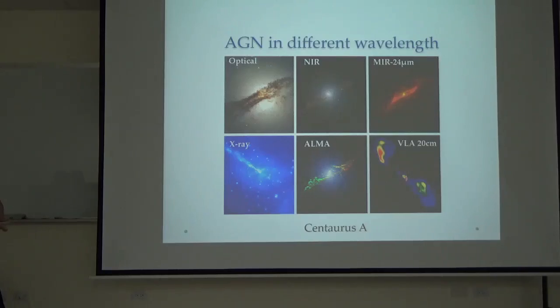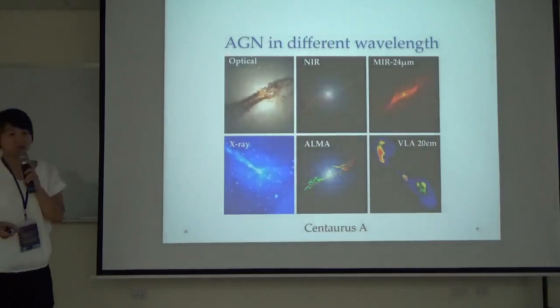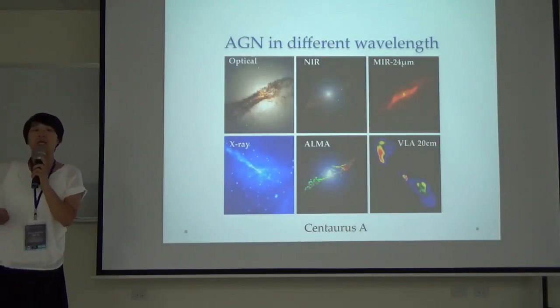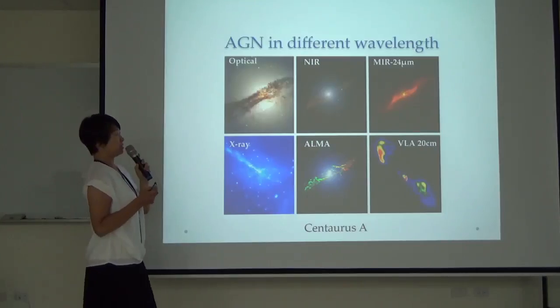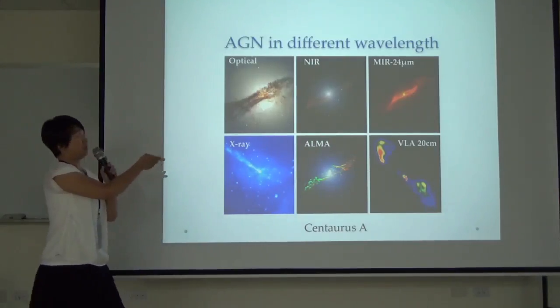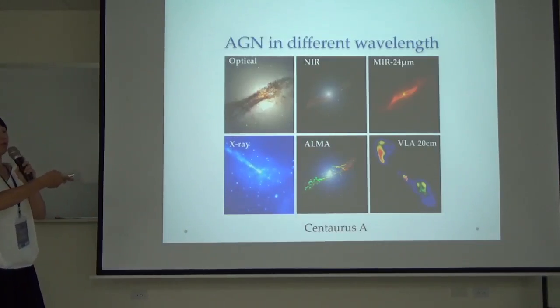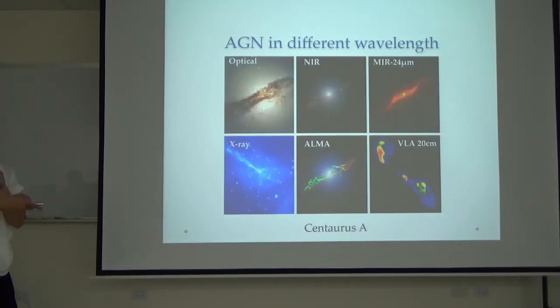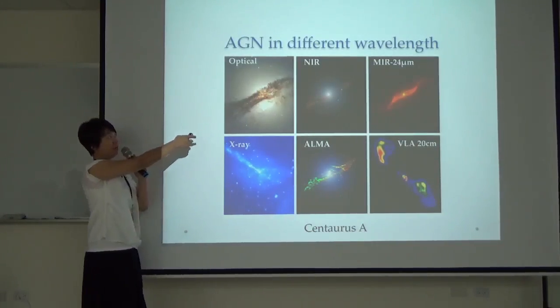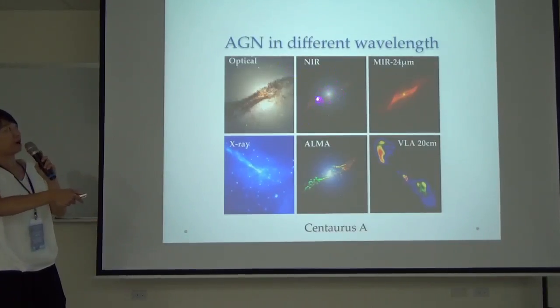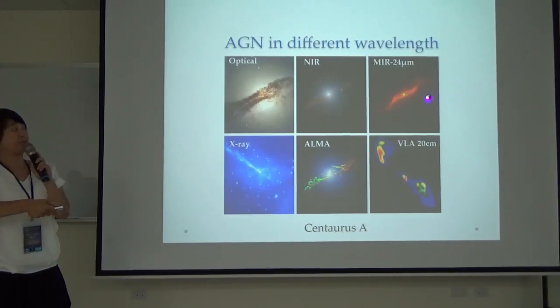And then the other thing is that we have to be aware that the AGN you are looking at looks different at different wavelengths. For example, this is Centaurus A. It is heavily obscured in optical. However, it is very bright in near-infrared and mid-infrared.